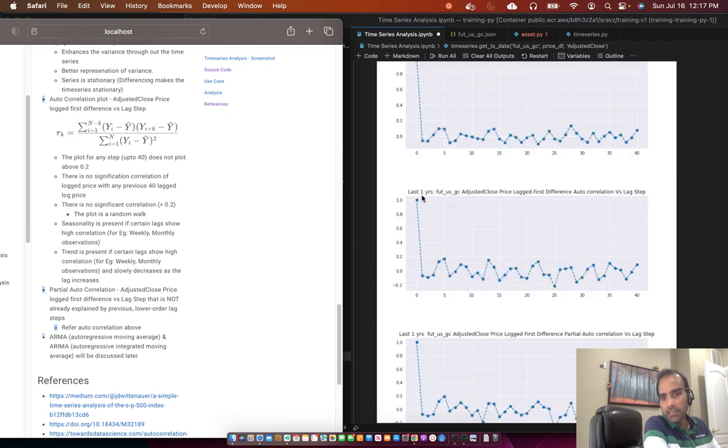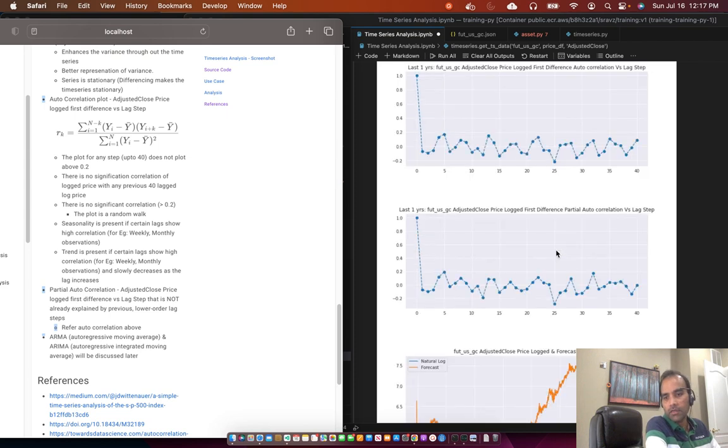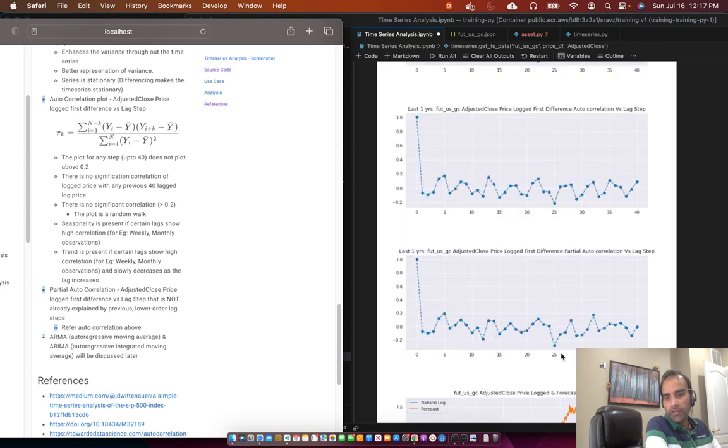In a yearly plot, we saw some correlation, like every 5th day it went to 0.2. So maybe if we do short-term trades on a monthly basis or daily basis, based on this 5th day, maybe we can make some trading investments. For example, on the 25th day, there was a negative correlation, which was not explained by this.